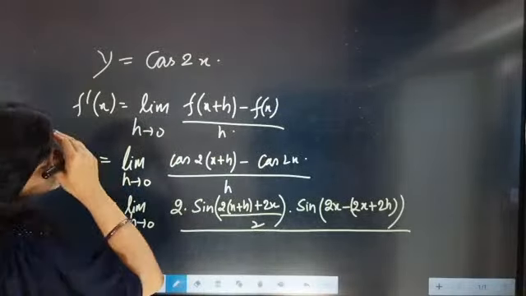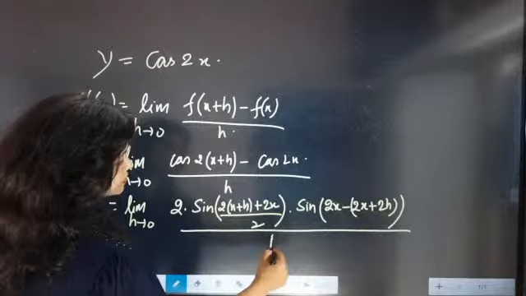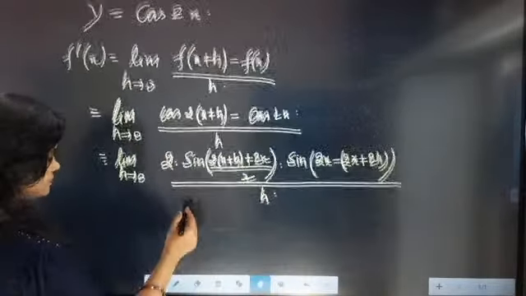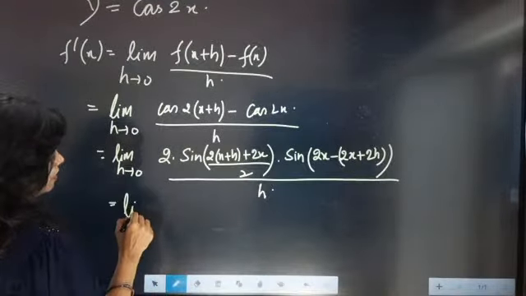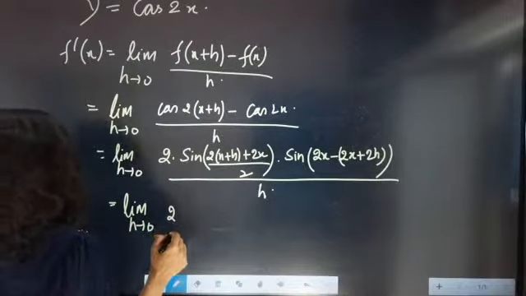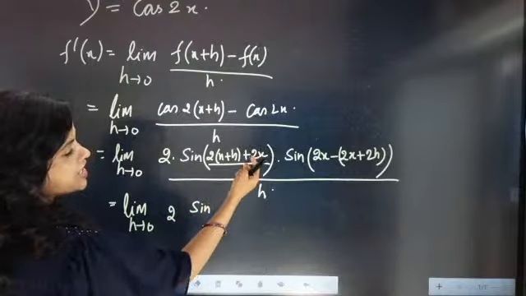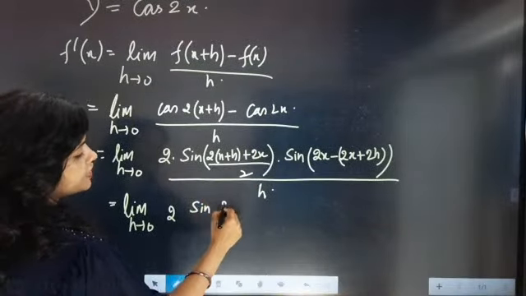Cos c minus cos d formula. By h will come. So limit h tends to 0, 2 will be written as it is. This part will become sine. We will snatch this 2 outside. Then 2 will come.